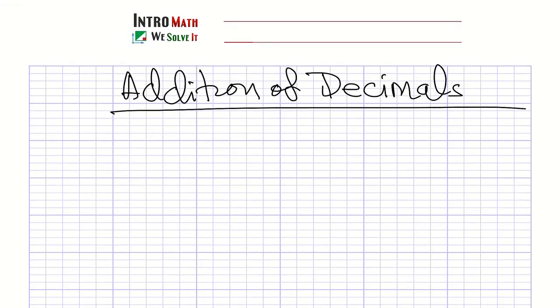So let me give you an example. Let's add 3.16 plus 5.22.